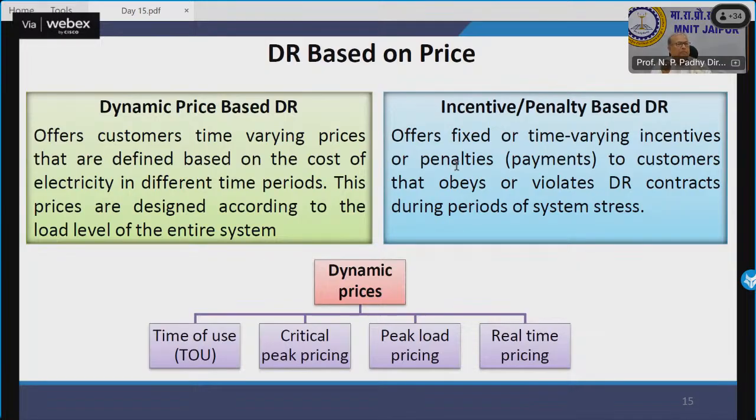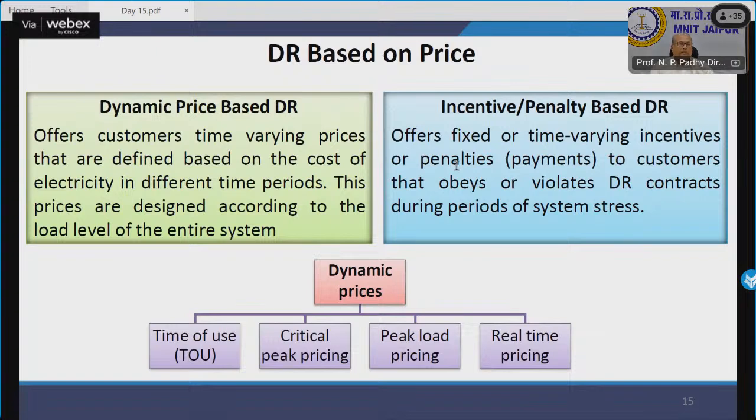When you say dynamic pricing, that basically offers customers time varying prices that are defined based on the cost of electricity in different time periods. And these prices are designed according to the load level of the entire system. Now, incentive or penalty based DR offers fixed or time varying incentives or penalties to customers that obey or violate the DR contract during periods of system stress.